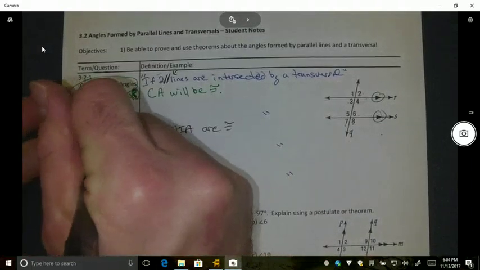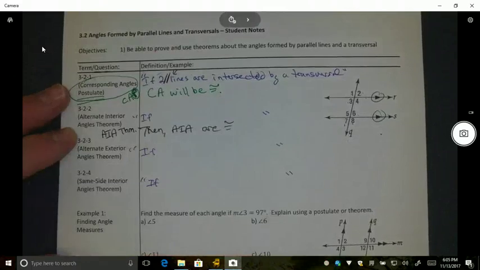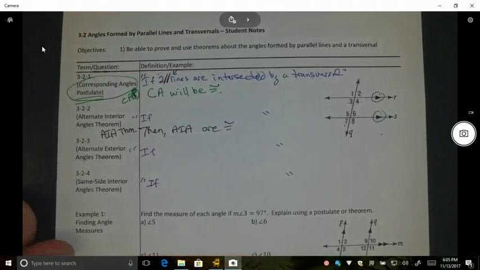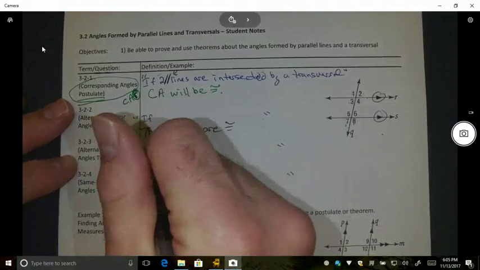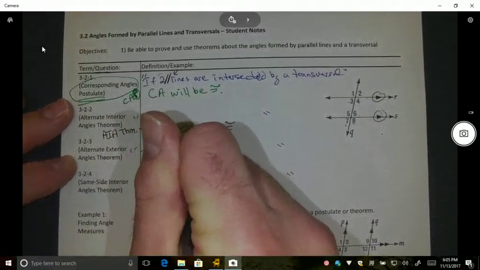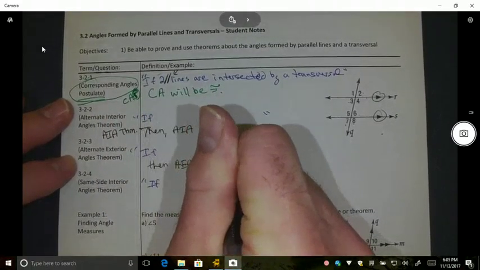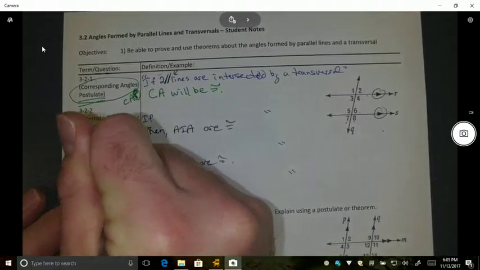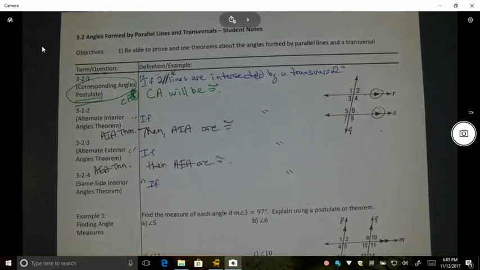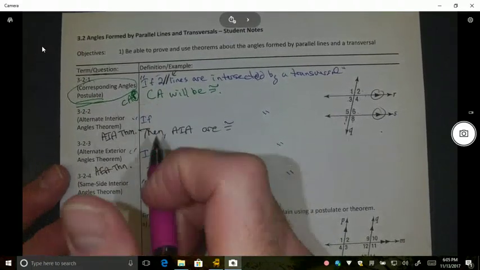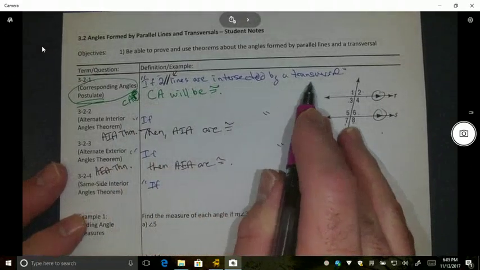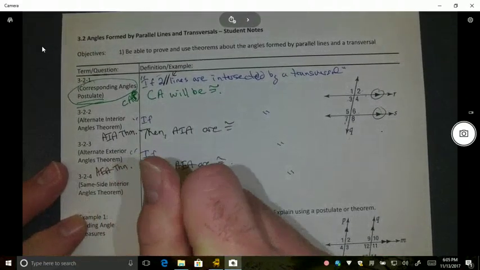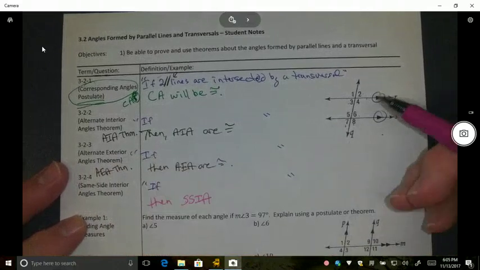We call it the AIA theorem when we're abbreviating it in proofs. The alternate exterior angles theorem says again, if two parallel lines are intersected by a transversal, then alternate exterior angles are congruent. We abbreviate this AEA theorem. And lastly, we have the same side interior angle theorem. If two parallel lines are intersected by a transversal, then same side interior angles.